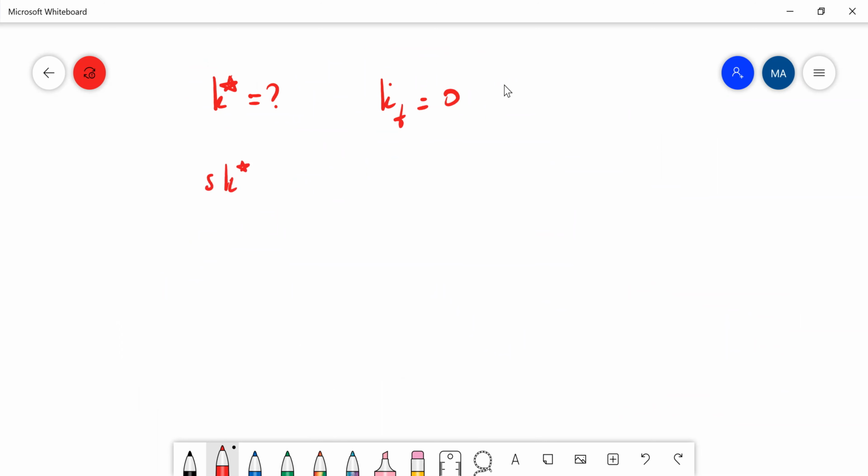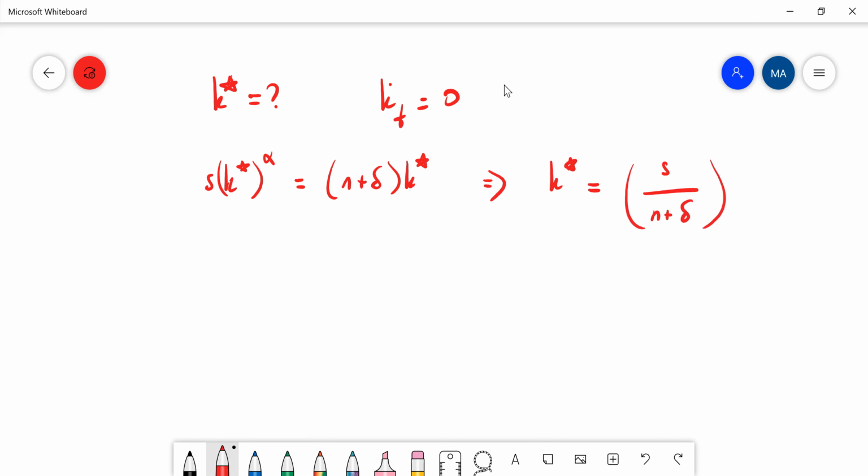I have s k star to the alpha equals n plus delta k star. So if you solve it, you will have s divided by n plus delta, to the power 1 over 1 minus alpha. And again, this is the positive one, right?